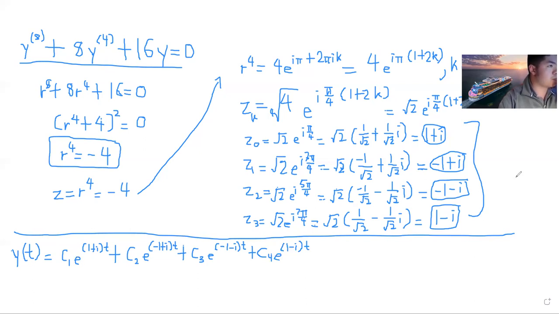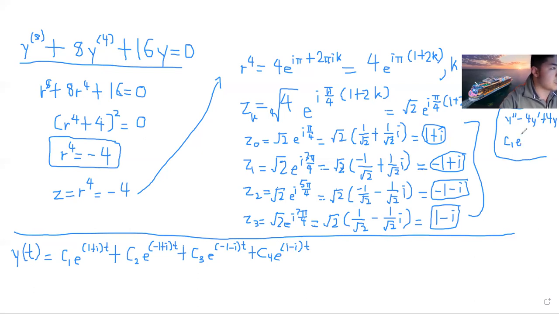Like, as a side note, if you're doing y prime prime minus 4y prime plus 4y is equal to 0, you can think of the 0 here. This is r squared minus 4r plus 4 is 0.